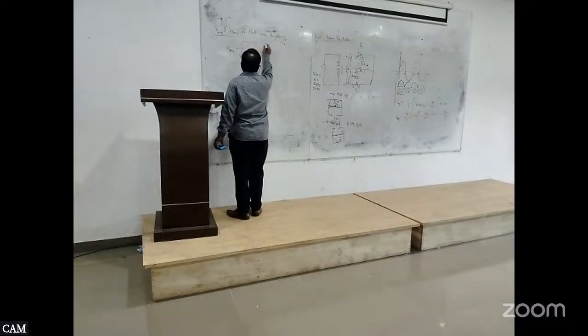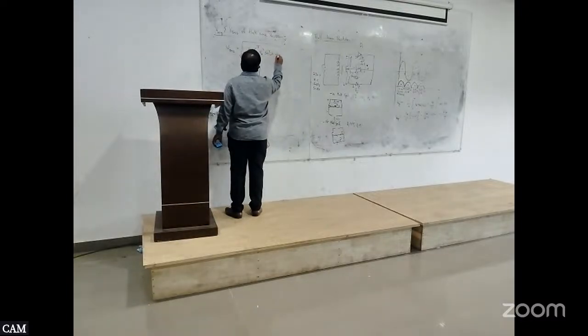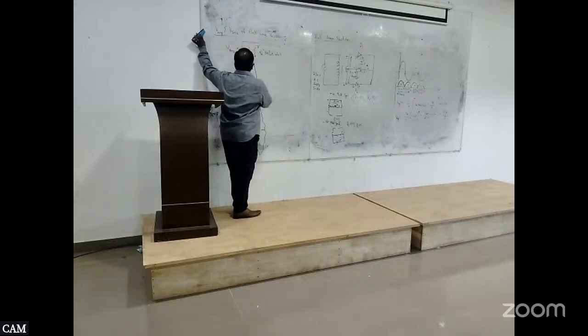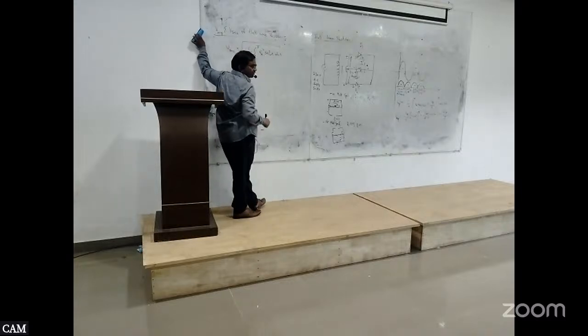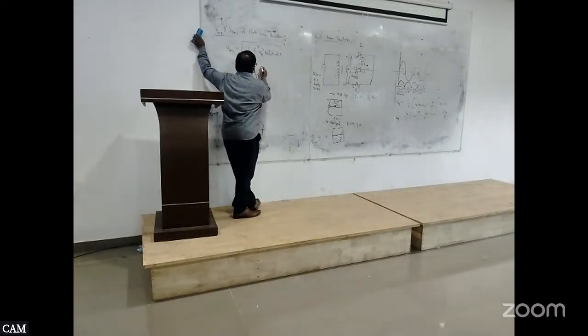Root mean square. Here Vm square is constant, so I am bringing Vm square out: Vm square by pi under root, integral 0 to pi sin square omega t d omega t.